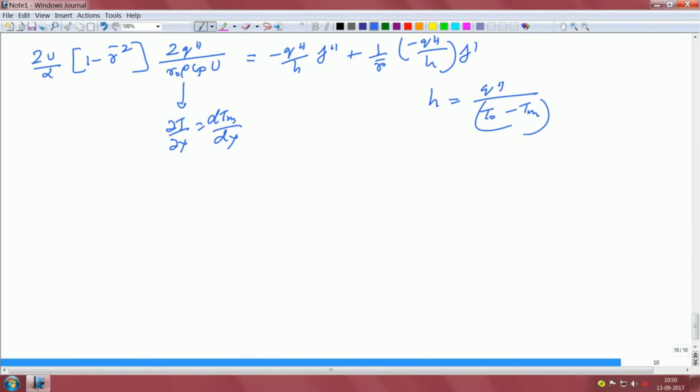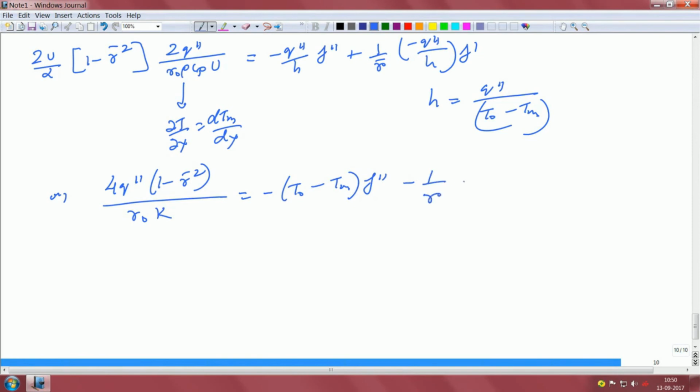So this is the very standard equation, or in other words, now we can write it as 4 q double prime 1 minus r bar square divided by r naught into k is equal to minus T naught minus Tm into f double prime minus 1 by r T naught minus Tm into f bar.